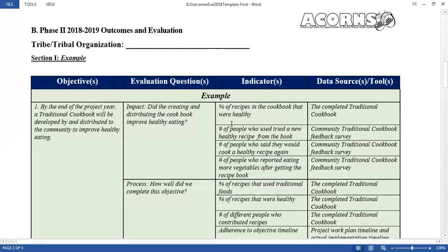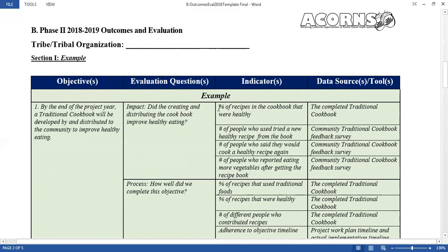So once we have the things that we think would answer our question, then you go across and you figure out, where am I going to get the information to answer that question? For each indicator, you should have a data source or tool. And those data sources, you might be getting them from multiple places or from the same place.